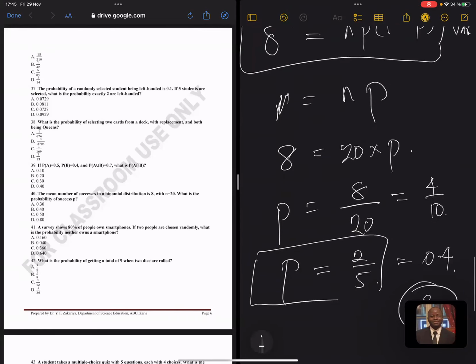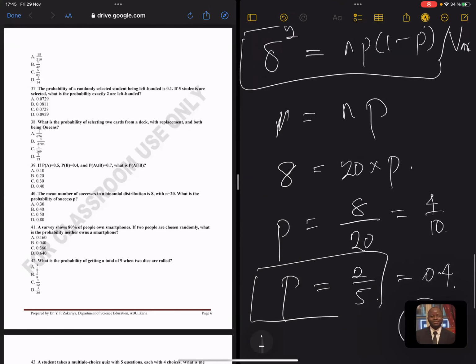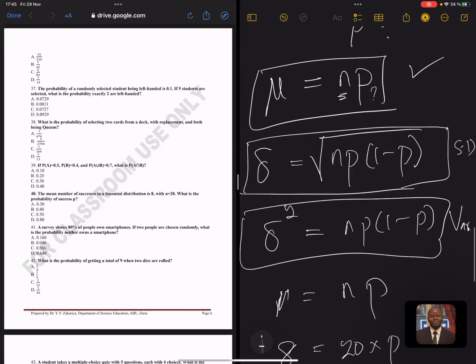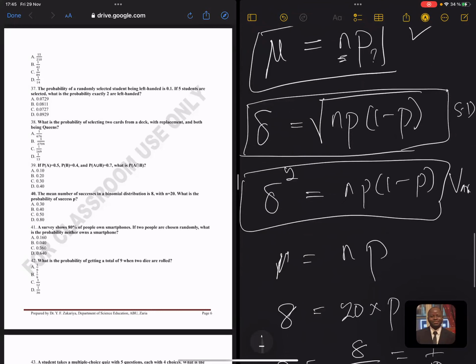Is this clear to everybody? Please take note of this formula. This was not given in class. The mean of the binomial distribution is np, where n is the number of repetitions in your experiment and p is the probability of success. The standard deviation is the square root of np, which is again the mean, multiplied by 1 minus p, the probability of failure.